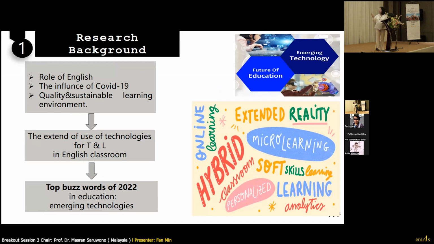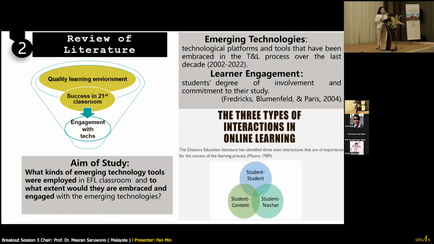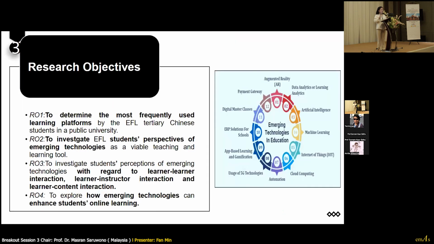Now please look at the right hand. It's the top buzzword of 2022. In education, we can see nearly all the words related to emerging technologies, such as online learning, hybrid classroom, and extended reality. So this research will be conducted by the following 4 research objectives.